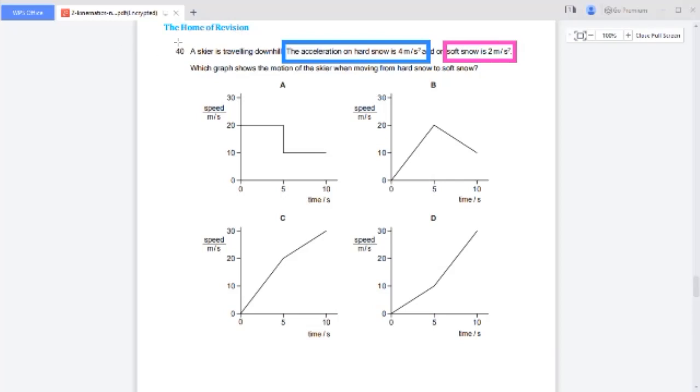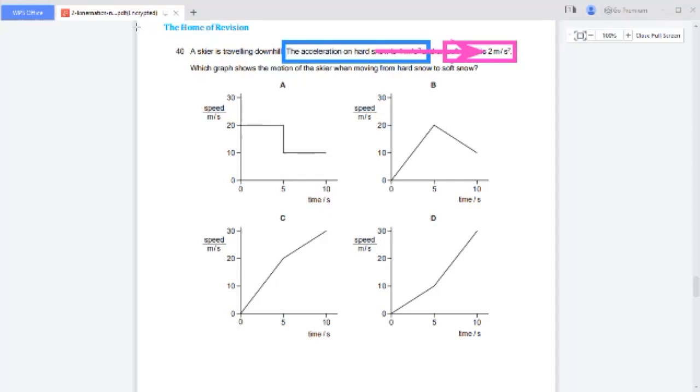Which graph shows the motion of the skier when moving from hard snow to soft snow? It means the skier is moving from hard to softer snow. So initially its acceleration would be large, its change in velocity would be large, and then its acceleration is 2 meter per second squared. It means after that its change in velocity would be small.